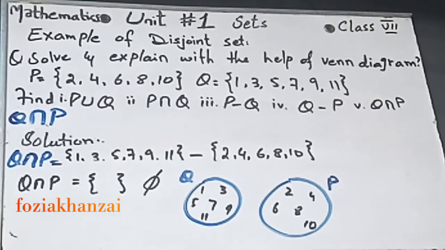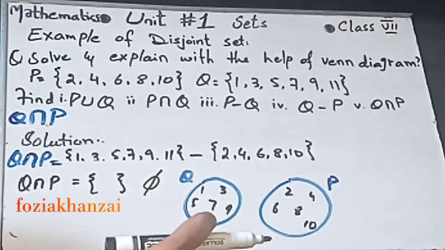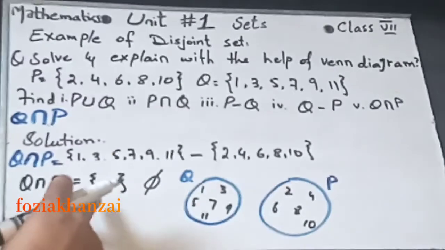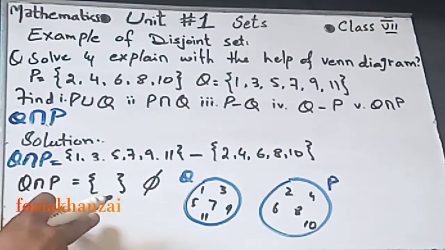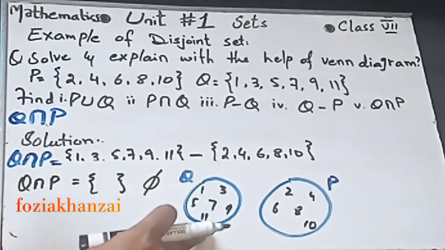Now there is no need to apply color, vertical line, or horizontal line in the circles or in the Venn diagram, because the answer is the null set. Shaded part, vertical line, horizontal line, dots show your answer in the Venn diagram, but your answer is the null set, so there is no need to apply color or shade.